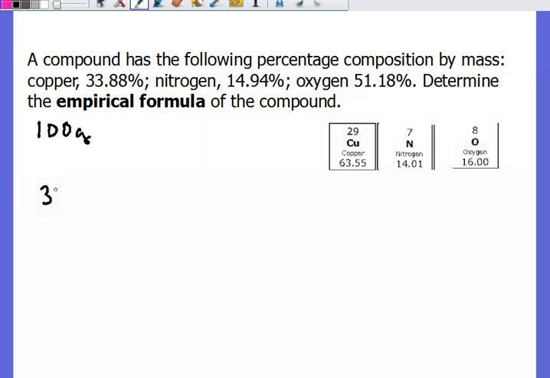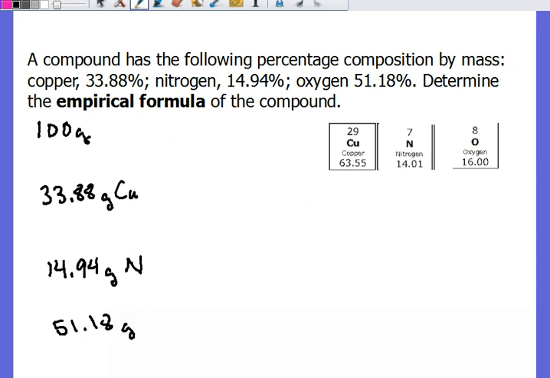So I would just say 33.88 grams of copper per 100 grams of sample, and 14.94 grams of nitrogen, and then 51.18 grams from oxygen.